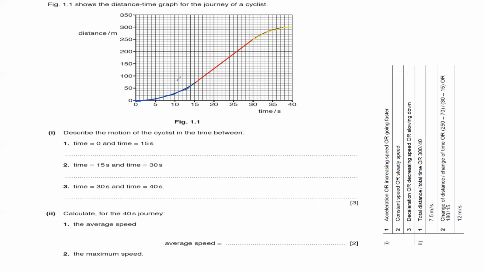So which part will have the maximum speed, A, B or C? Which region will have the highest speed?